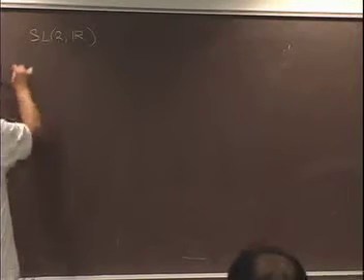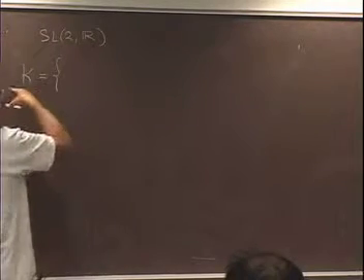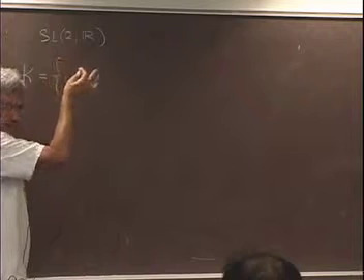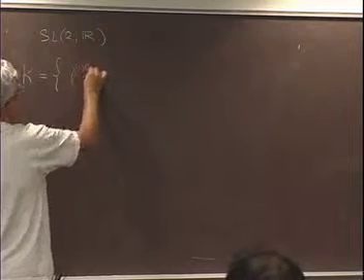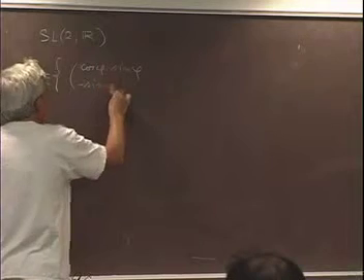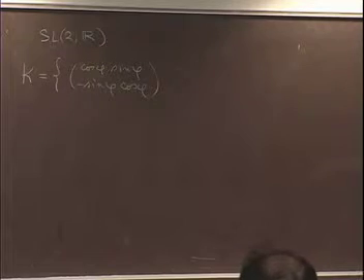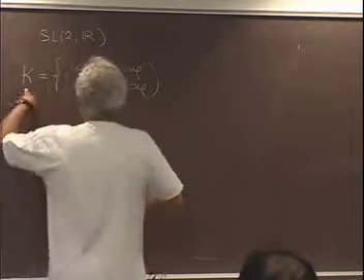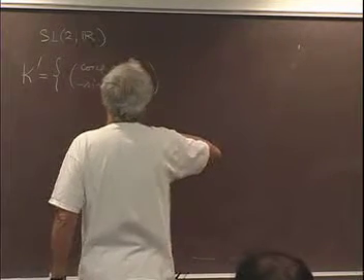So I will parameterize those. The compact Cartan subgroup is nothing else. If this terminology is not familiar to you, just do not worry about this. So we have K, which is cosine phi, sine phi, minus sine phi, cosine phi. This is a circle, and the regular elements here are all these guys except plus minus 1.